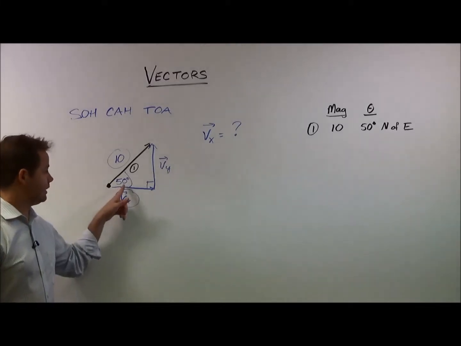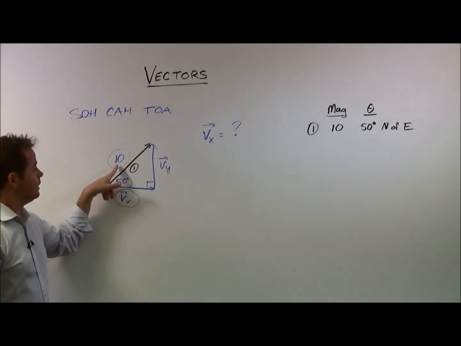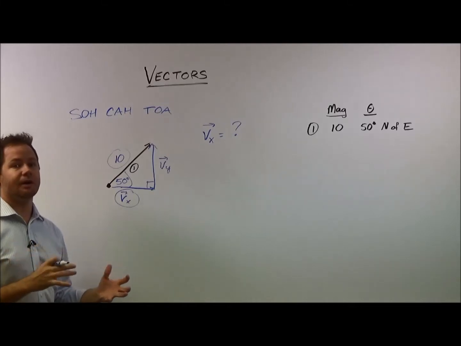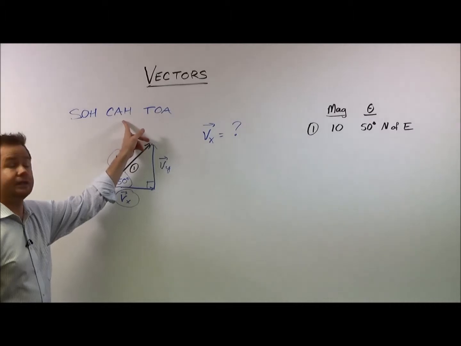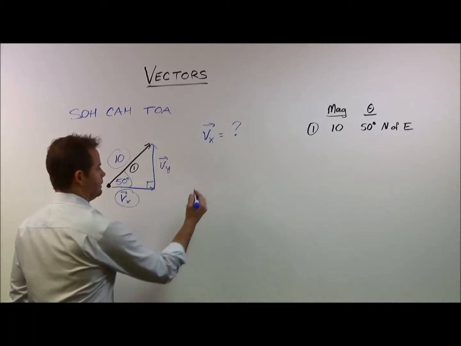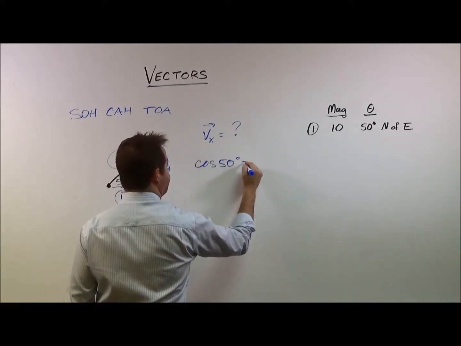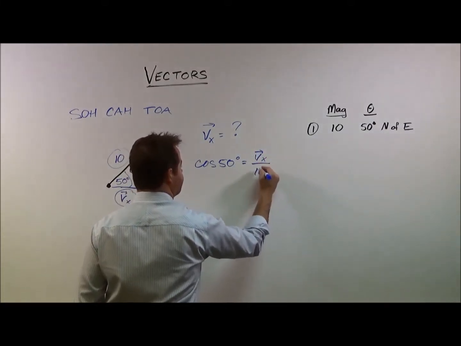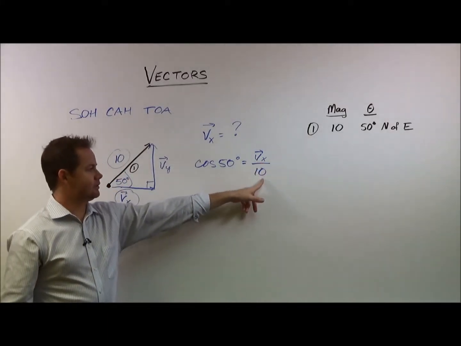So from this angle right here, the 50-degree angle, we're looking for the adjacent side, and we know the hypotenuse. So which of our trig functions relates adjacent and hypotenuse to each other? Hopefully when looking at SOHCAHTOA, we can recognize that that is going to be the cosine function. So in this case, the cosine of 50 degrees would equal your adjacent, which is Vx, over your hypotenuse, which is 10. Cosine 50 degrees equals Vx over 10.